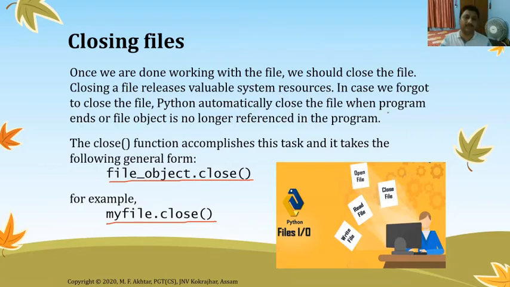There is no need to bother that we have not written the closing statement in our program, because Python automatically closes the file when the program ends or the file object is no longer referenced in the program. So there is no need to worry about this statement.